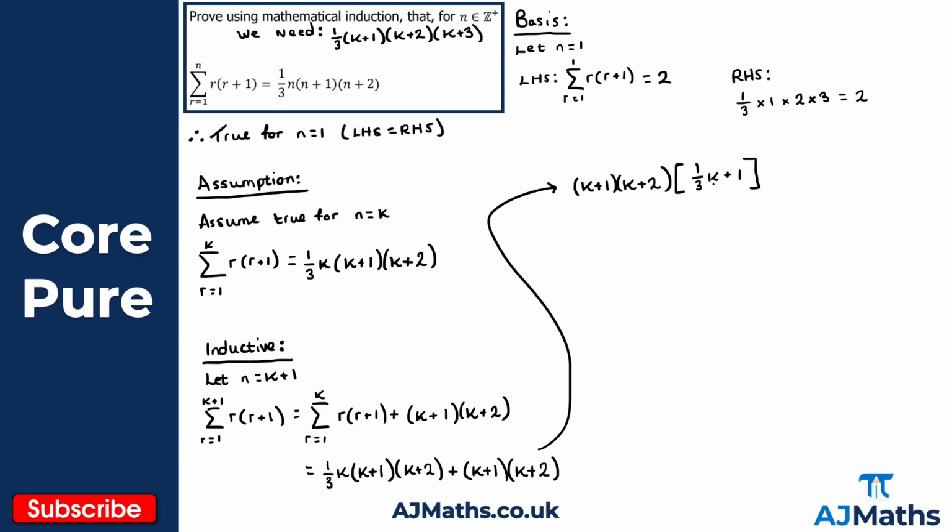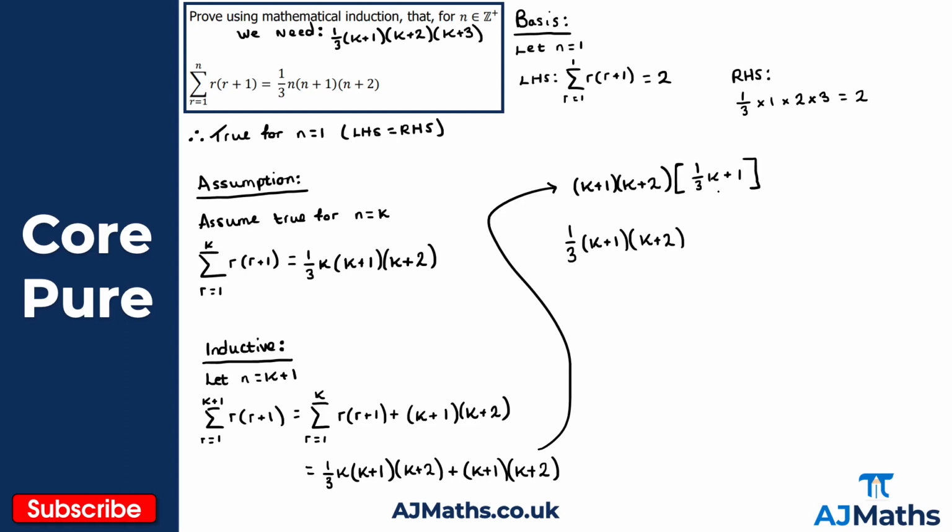And again, what I can see is I've got a third k plus 1. So again, what I'm going to do now is factor basically 1 over 3 out from this final bracket. Obviously, what I need to do then is times everything inside the bracket by 3 to account for the third that we've factored out. I get a third in front, so a third times k plus 1 times k plus 2.